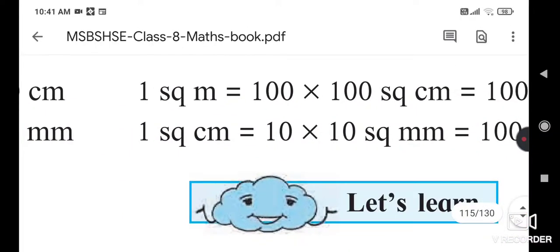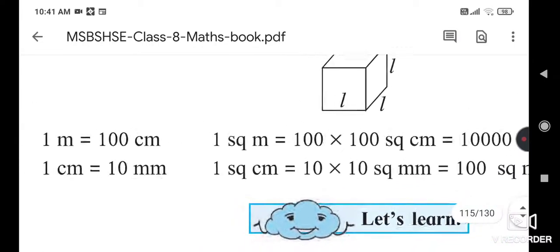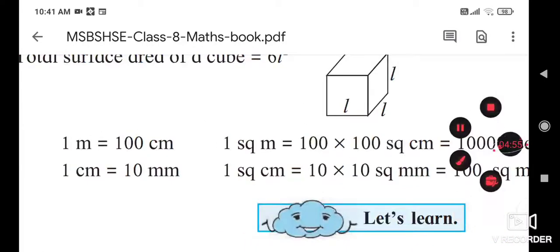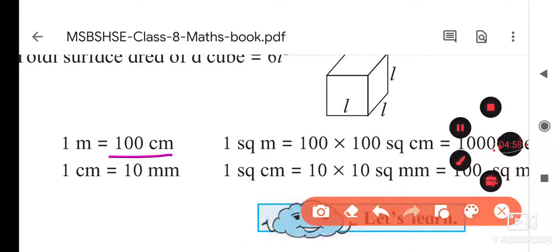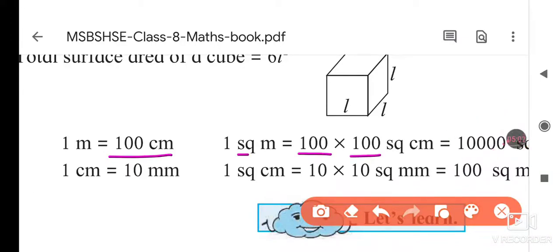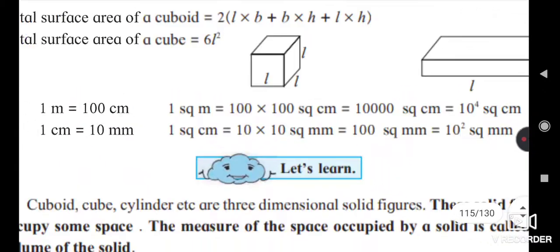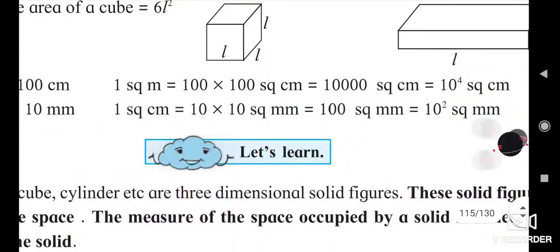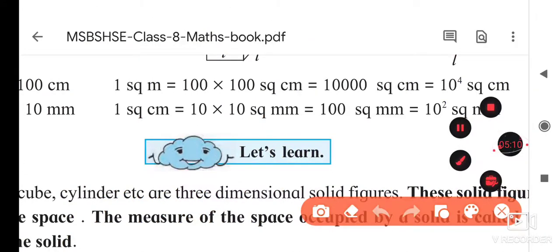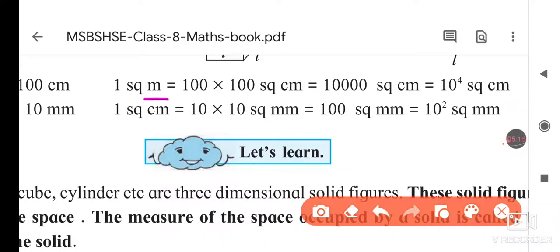Next is 1 square meter. 1 meter is equal to 100 centimeter, as I told you. So square means 100 into 100. 1 square meter is equal to 100 into 100, which is 10,000 square centimeter. Here the units are changing, so keep that in mind.